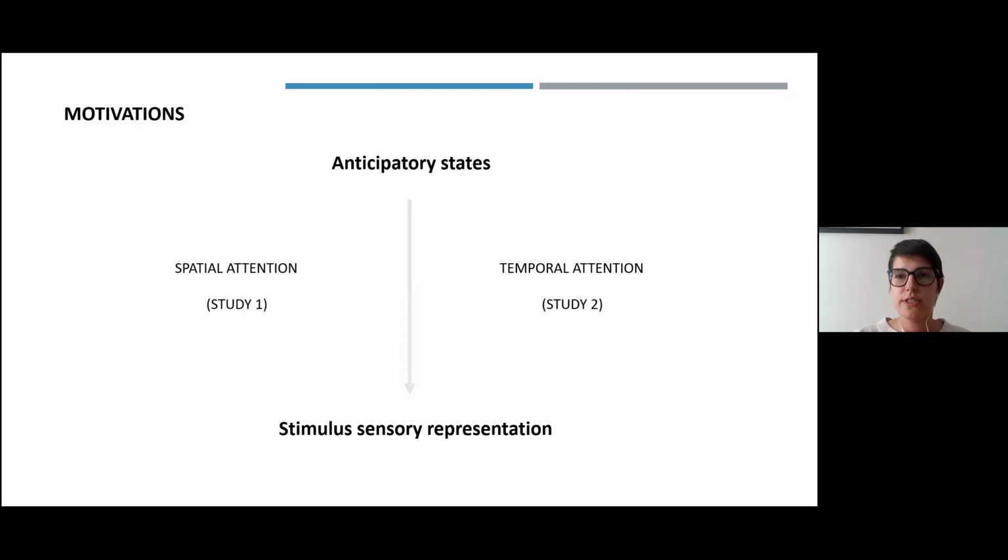So we were interested in both, but we knew that they recruit different mechanisms. In the first study, we checked how spatial attention was modulating the stimulus sensory representation, and in the second one, how temporal attention could modulate that, and whether it was modulating it.